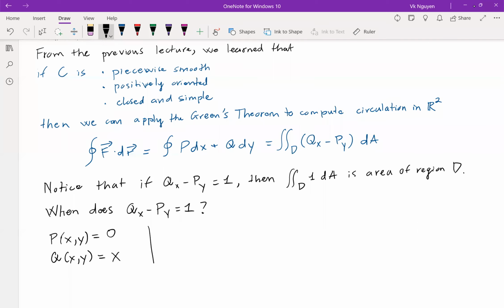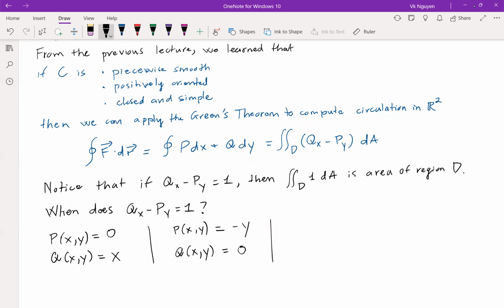So that's one case. The other one is that Q of x,y is going to be 0, and then P of x,y, where we want 1, has to be negative y. Because when we take the partial derivative with respect to y, we get negative 1. Minus 1 is going to give us 1.